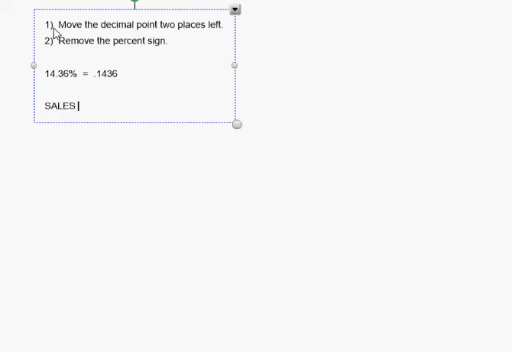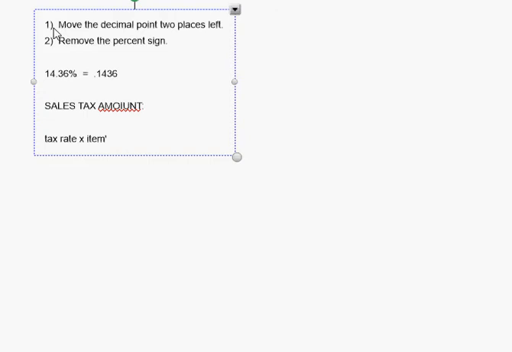Sales tax amount. We take the tax rate times the item's cost, and we get the tax amount.